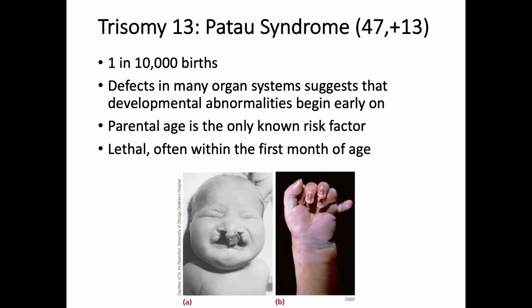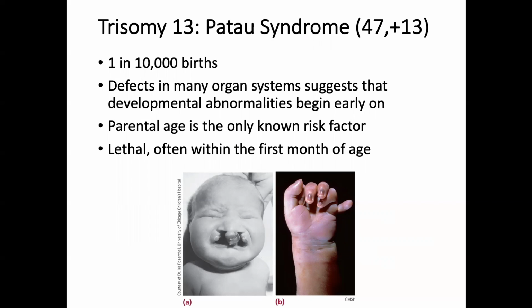The extra genetic material disrupts normal development, causing multiple and complex organ defects. Trisomy 13 affects 1 in 10,000 births, and parental age is the only known risk factor. The risk of this syndrome in offspring increases with maternal age at pregnancy, with about 31 years being the average.